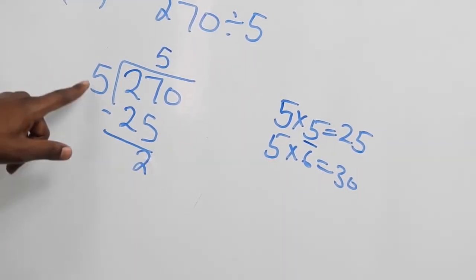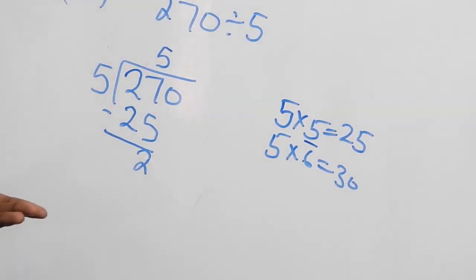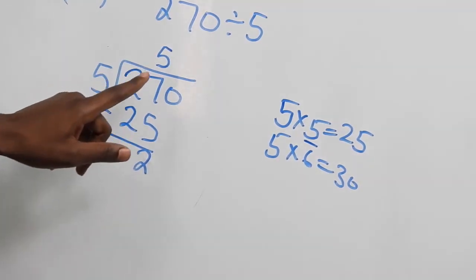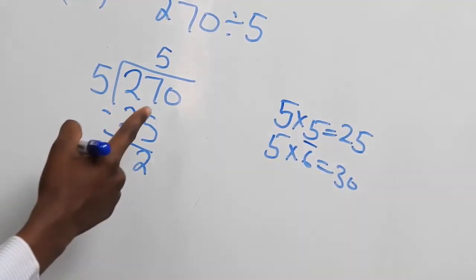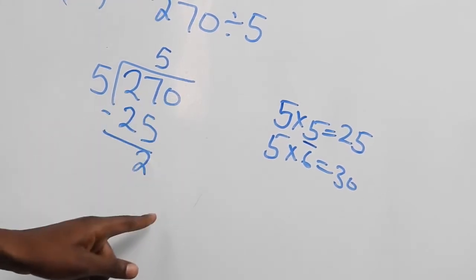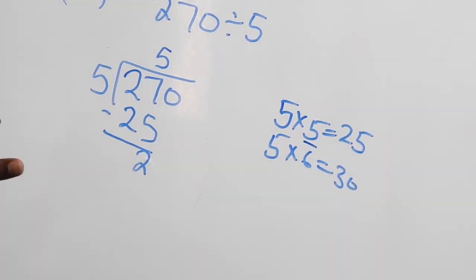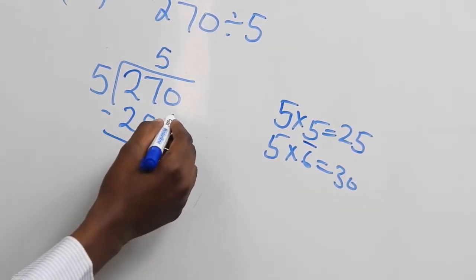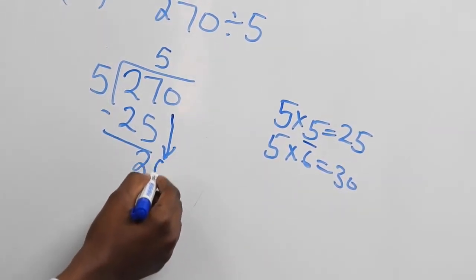Again, 5 divides into 2 0 times. But we don't write that 0. Instead, we drop this 0 because if we drop it, it will have a significance in such a way that 2 will become 20. Now let us drop it. If you drop 0, we have 20.